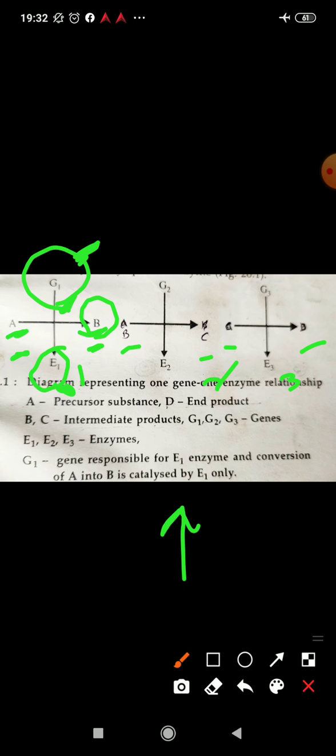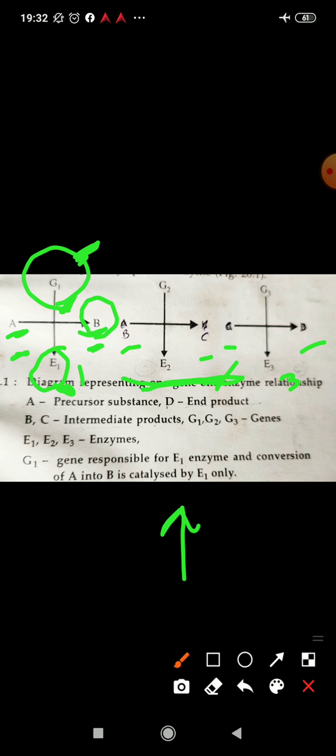Now what will happen then? As the reactions are stepwise, unless B is produced, the second step will not proceed. B is the precursor of the second reaction, and B will be produced only when the G1 gene expresses and forms enzyme E1.